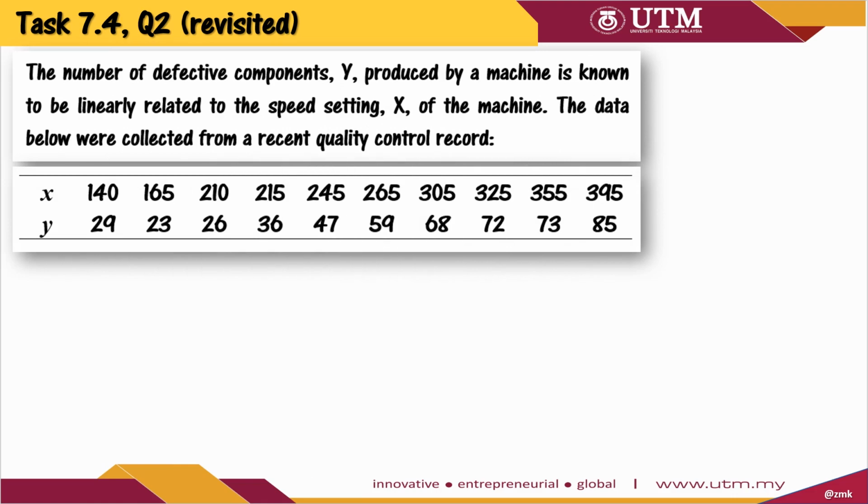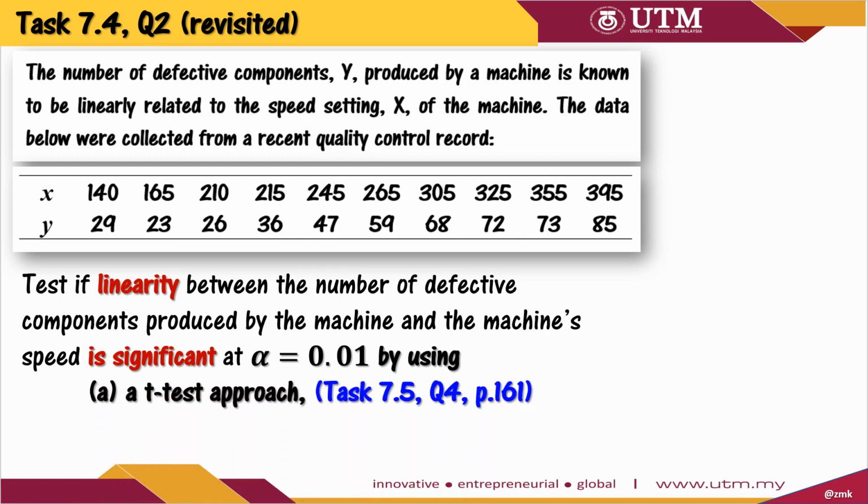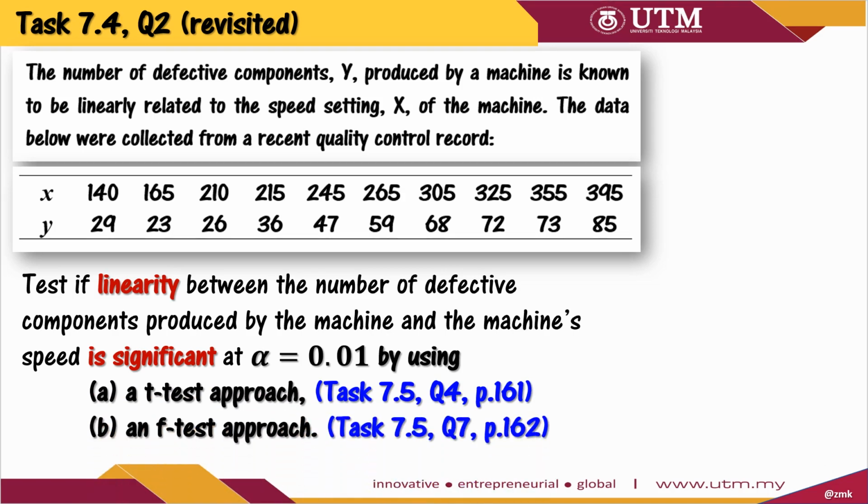The question this time is, test if linearity between the number of defective components produced by the machine, which is represented by the response variable y, and the machine speed, represented by the predictor variable x, is significant at the level of significance alpha equal to 0.01 by using A, a t-test approach as addressed in task 7.5 question 4, and B, by using an f-test approach as addressed in task 7.5 question 7.